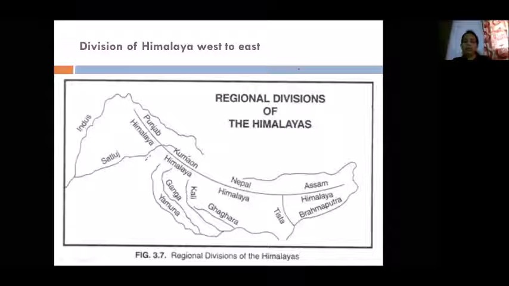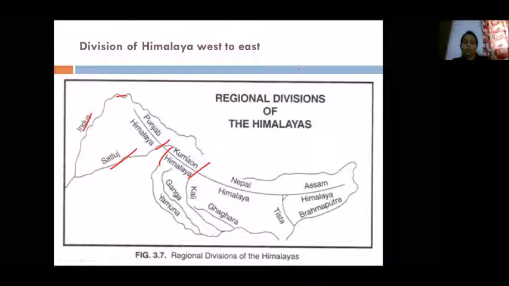With the help of the map, you can understand the regional divisions of the Himalaya, explained in the earlier slide. The first division at the west is between the Indus river and the Satluj river. This is called the Punjab Himalaya. Then the second division is here, the Kumaon Himalaya, between Satluj and Kali, from this part to this part.